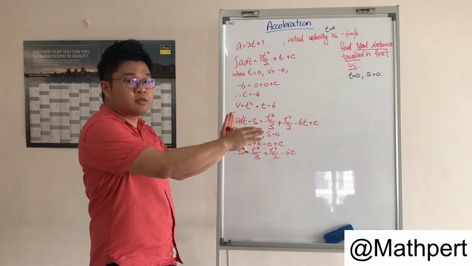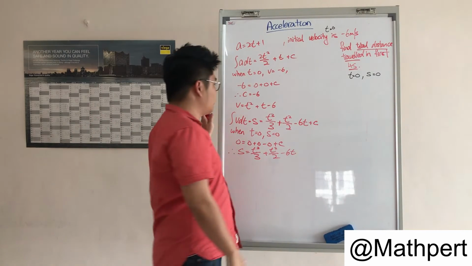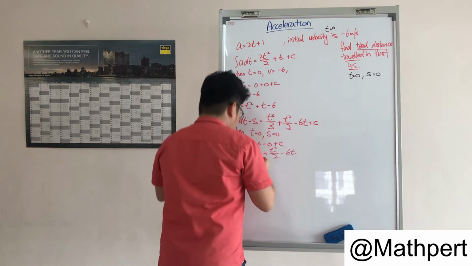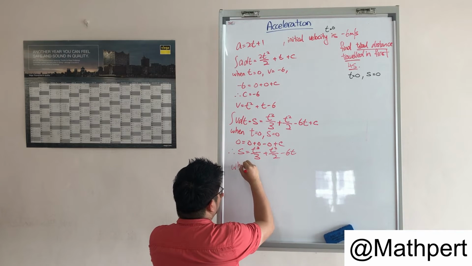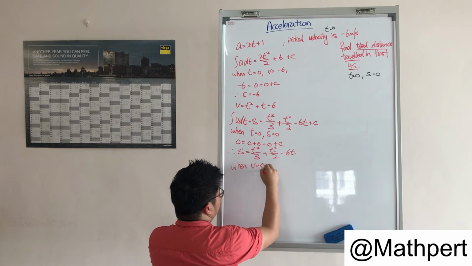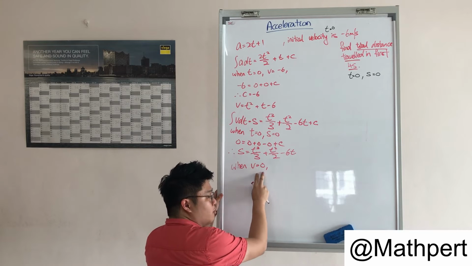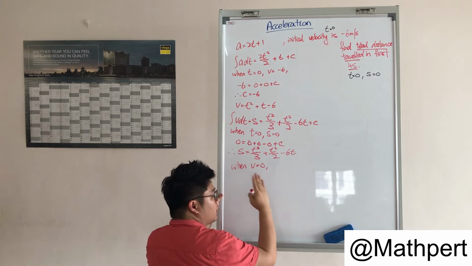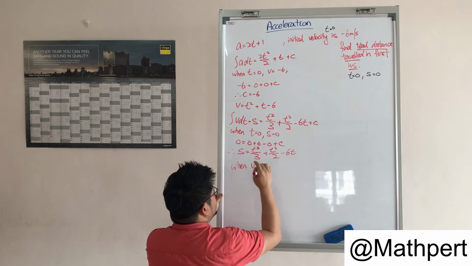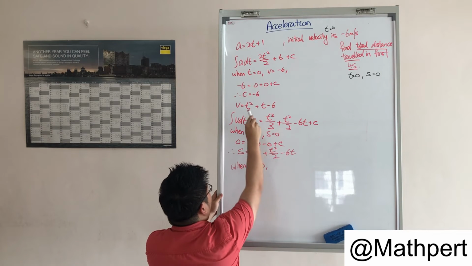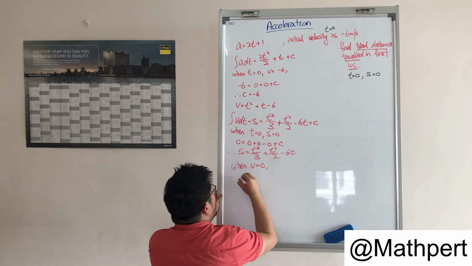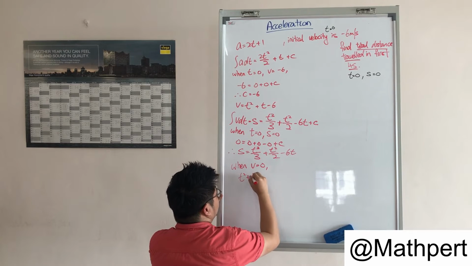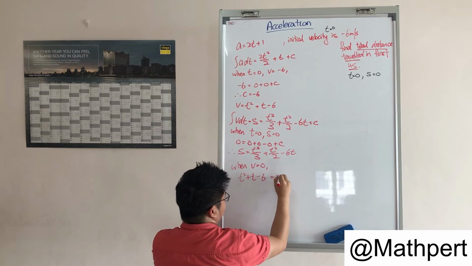It is changing its travel direction. So when v = 0, the particle is changing direction. So t² + t - 6 = 0.